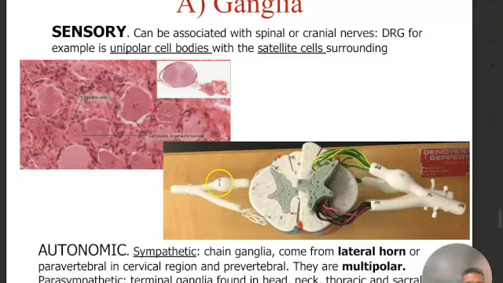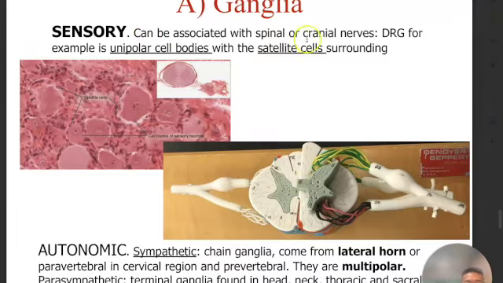If you see this ganglion, you know this is the posterior horn. Posterior is mostly sensory information coming in here, up to the brain, and down the anterior horn for motor, and out this way.